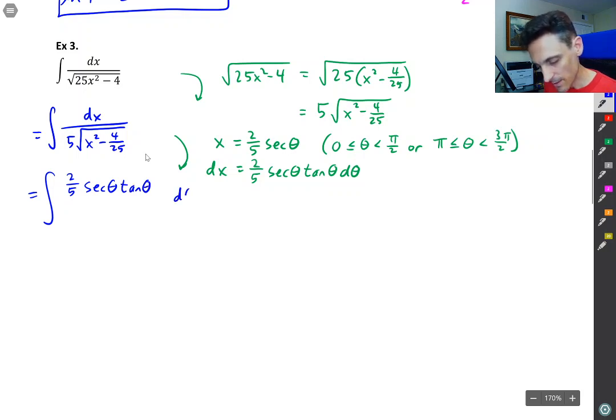I'll put the d theta off to the side. And then over 5 times the square root of, and again, like the last one, just square it. So we have 4 over 25 secant squared theta minus 4 over 25.